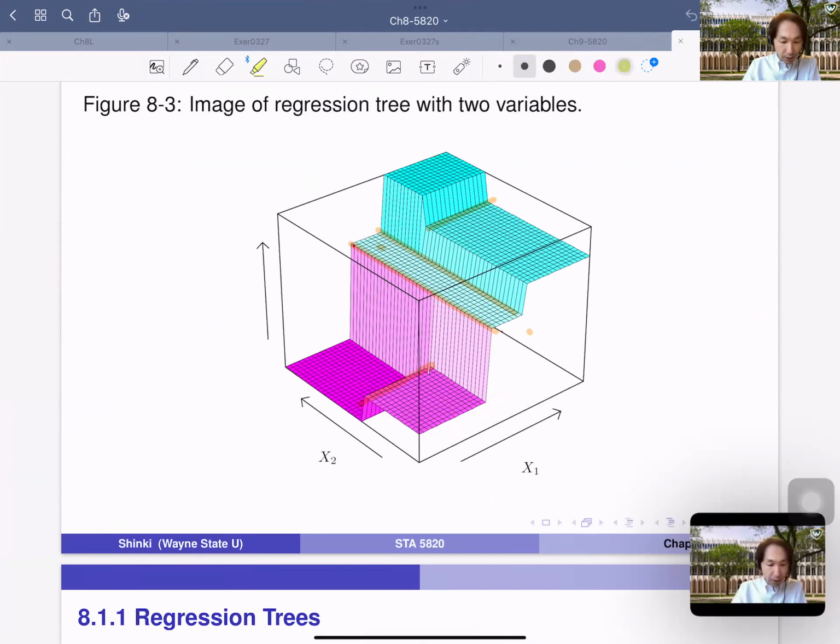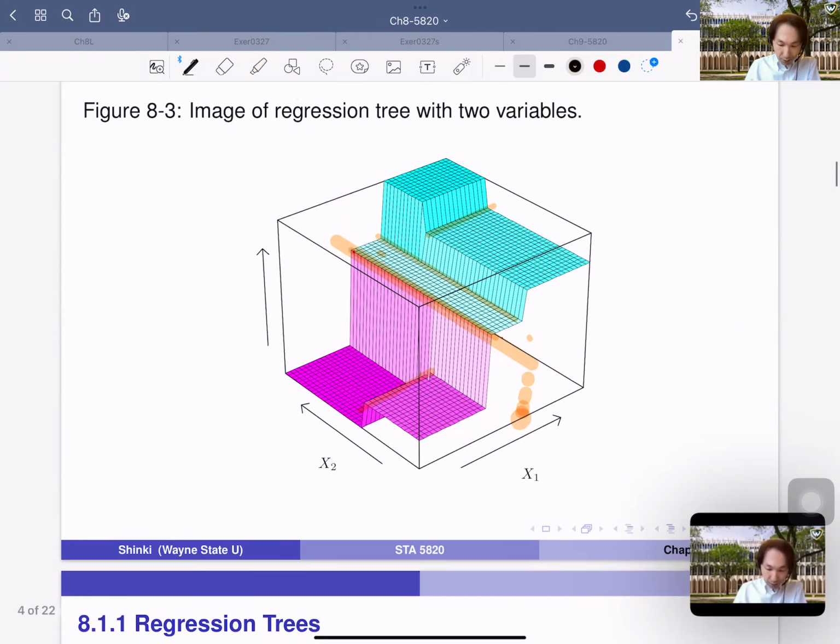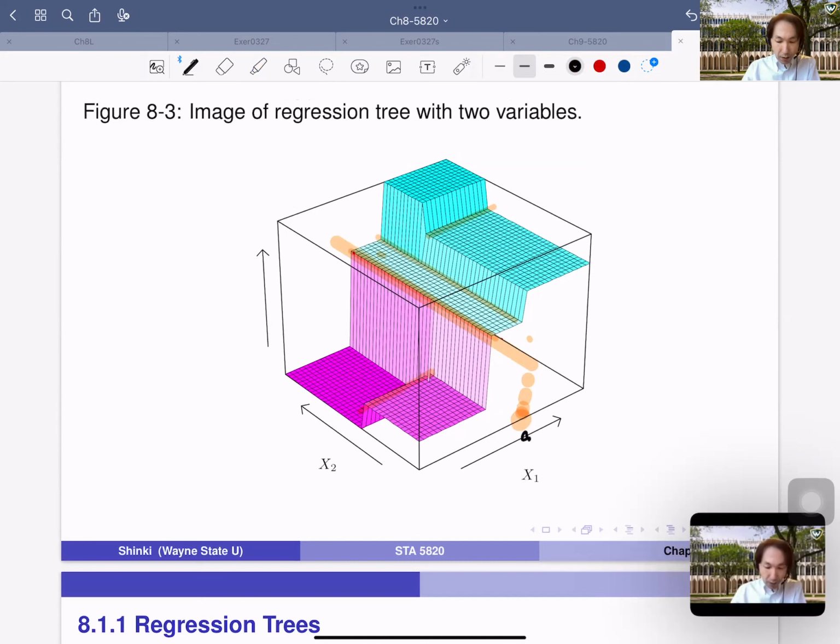For example, maybe x1 is equal to some constant a. Then x1 is more than a, or x1 is less than a. We separate two cases and we fit the regression model for each part. Usually we just use a constant to fit each region. So this is a piecewise constant function.